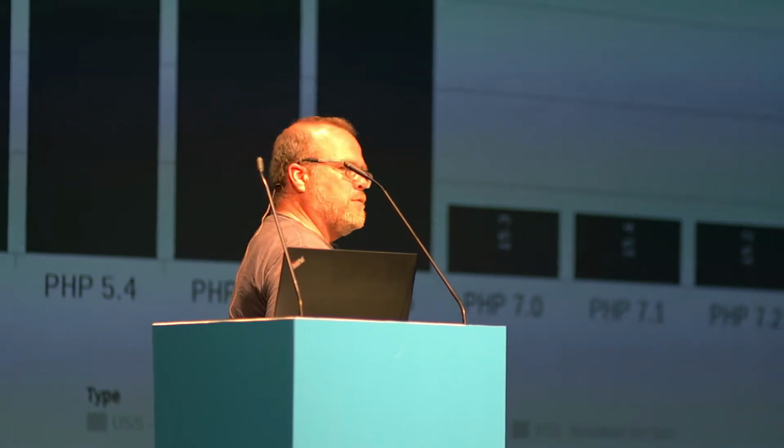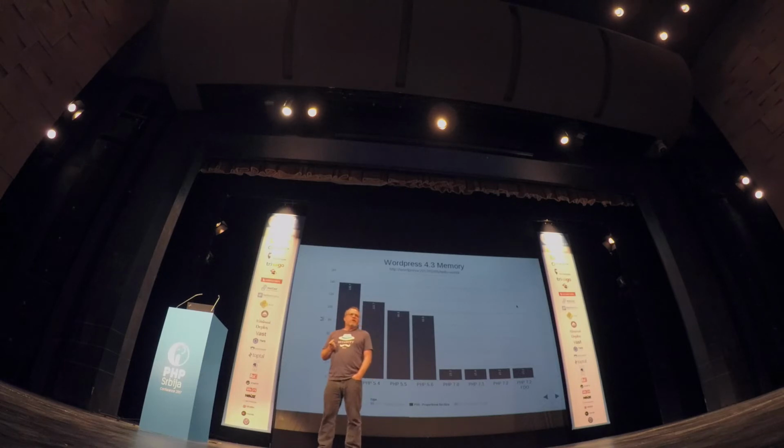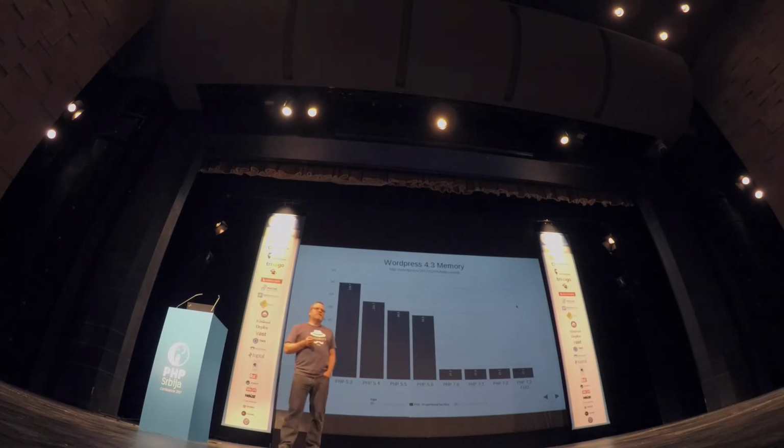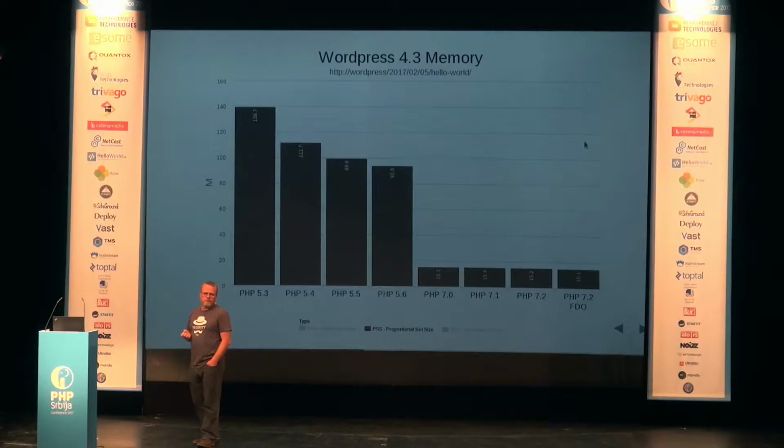As nice as the extra performance is, what's even nicer is that it uses so much less memory. For everyone who hosts in the cloud, when you're paying your bill, you realize that memory is actually the limiting factor. That's really what's expensive in cloud hosting. By upgrading to PHP 7, you can drastically reduce the size of your instances that you're paying for, and you can turn half of them off even.